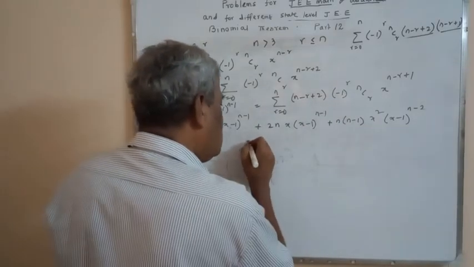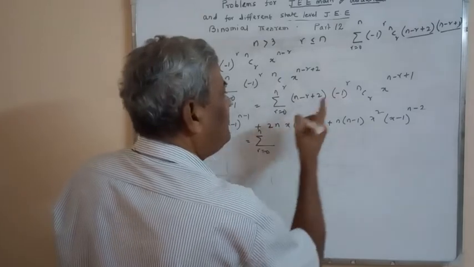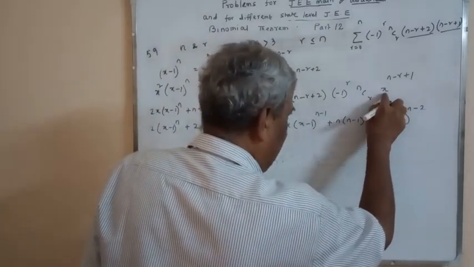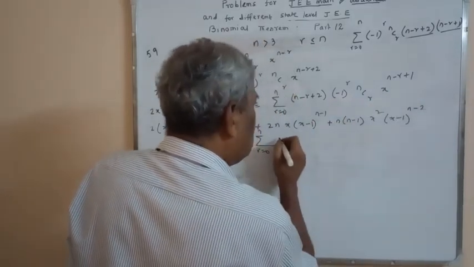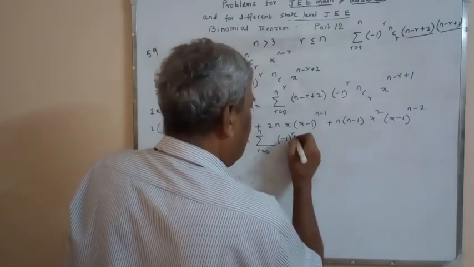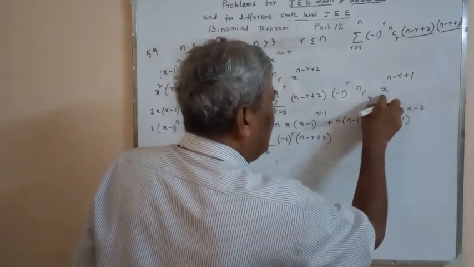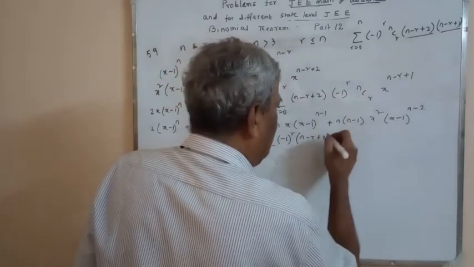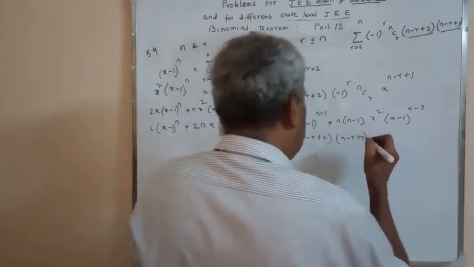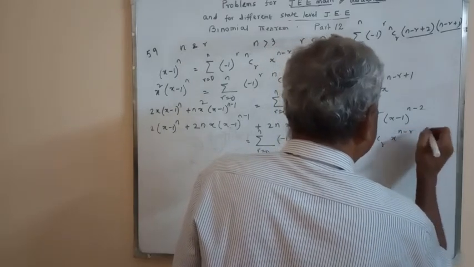The right hand side is summation r equal to 0 to n. It contains only one factor of x. So it is equal to, I write the negative sign first, the constant n minus r plus 2, into its derivative, that is n minus r plus 1 into nCr x to the power n minus r.